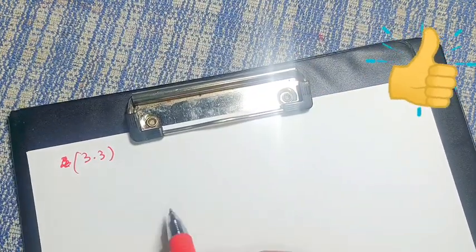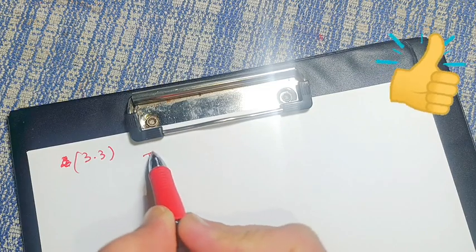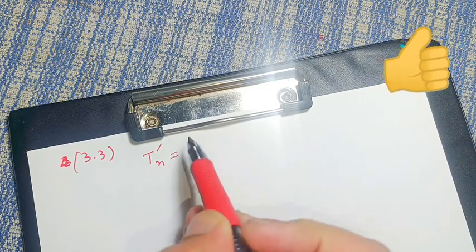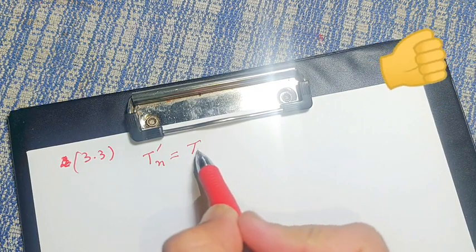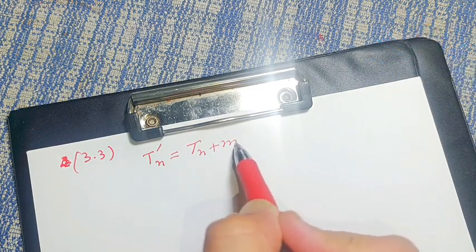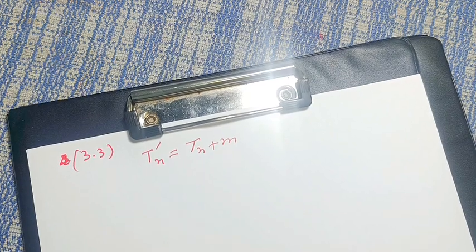So understand the condition. If m is added to each term, the new term, say T prime n, is going to be equal to Tn plus m, because we're going to add to the term.